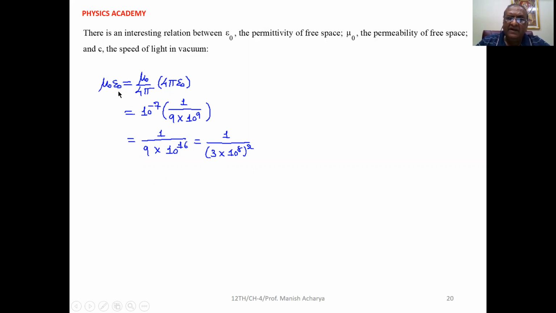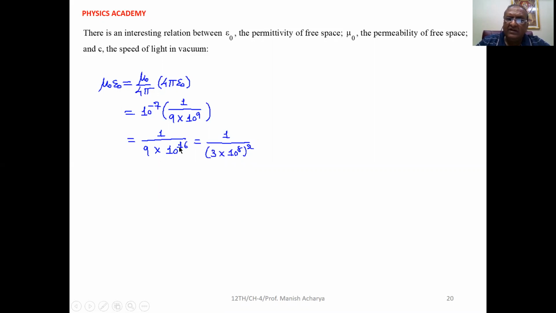Now here multiply and divide by 4 pi. So you can rewrite this as mu0 upon 4 pi into 4 pi epsilon0. Now mu0 upon 4 pi has the value 10 raised to minus 7. 4 pi epsilon0 is 1 upon k, so that is 1 upon 9 into 10 raised to 9. So resultantly you will get mu0 epsilon0 as 1 upon 9 into 10 raised to 16.